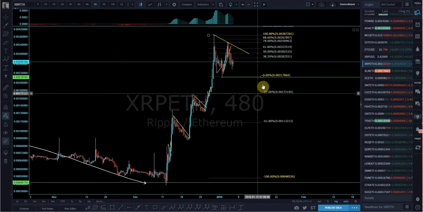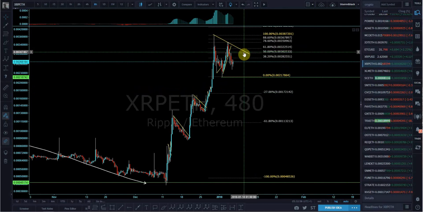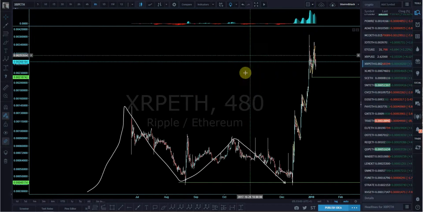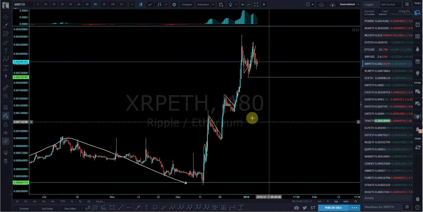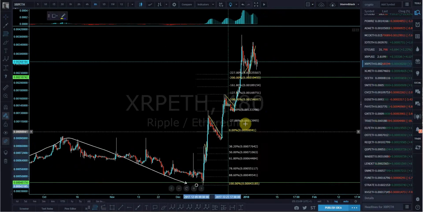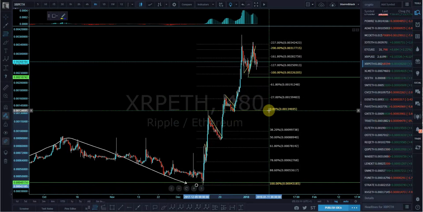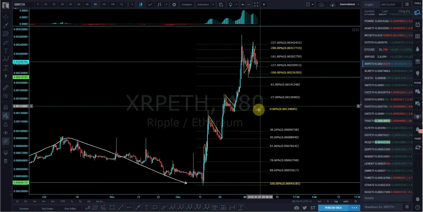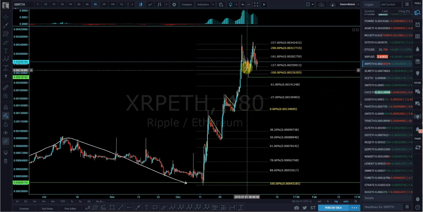That'd be a shorting target before starting to go back up. So basically, fib the impulse, hit the negative 270, then start correcting, and that'd be a buy setup.